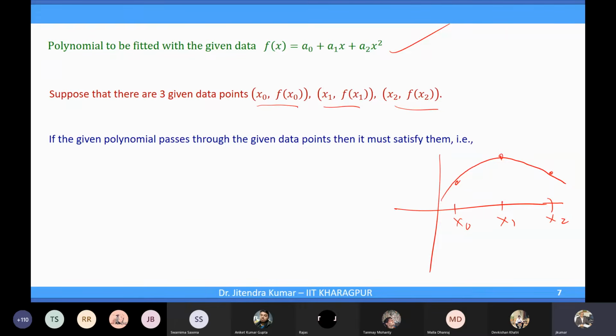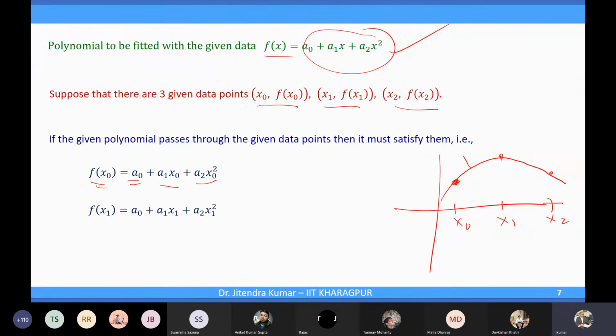If it passes through a point, it should satisfy that, so we just force this to satisfy. So f(x0) is equal to a0 plus a1 x0 plus a2 x0 square. Similarly, f(x1) and then f(x2). So this polynomial satisfies all these 3 points.